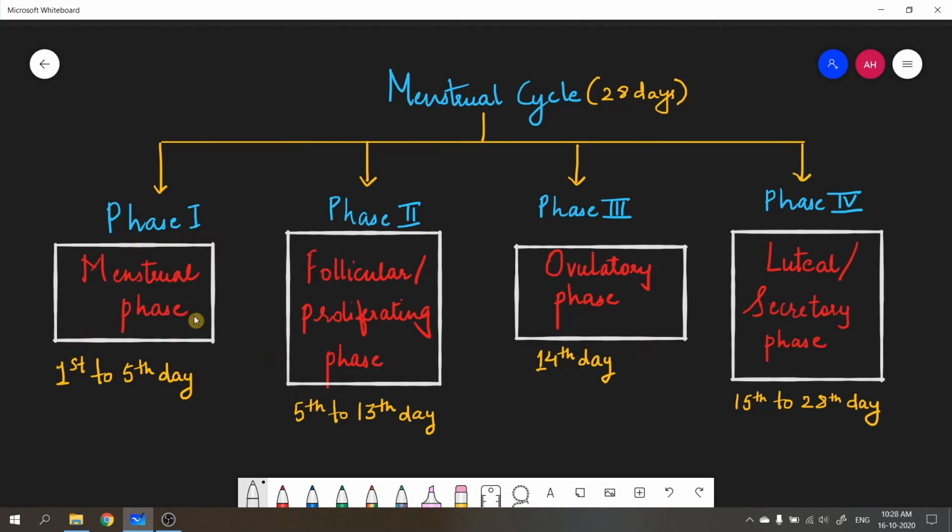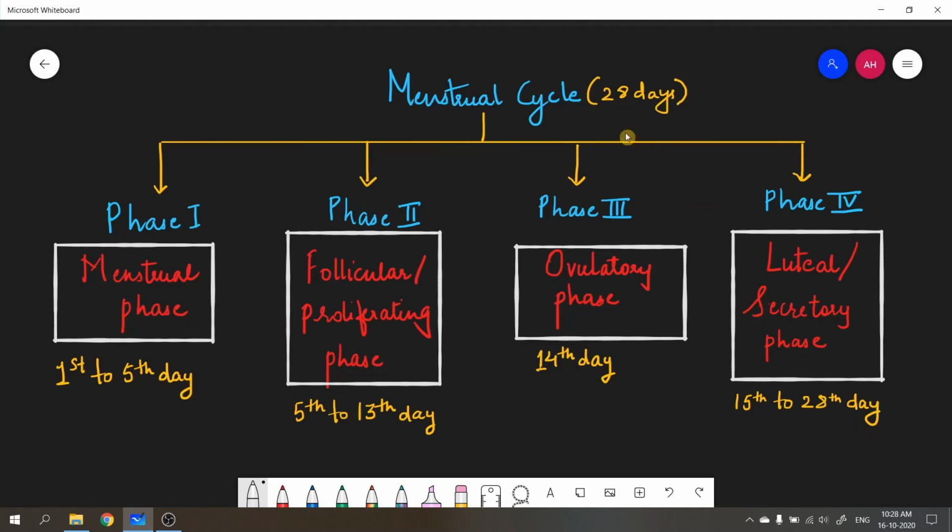Phase 1 is the menstrual phase, which takes place from day 1 to day 5, that is the 1st to 5th day of the cycle, followed by the follicular or the proliferating phase, which occurs on the 5th to 13th day of the cycle, after which ovulation takes place in the ovulatory phase, which occurs on the 14th day of the cycle, and then the luteal or the secretory phase is the last phase of the menstrual cycle, which occurs from the 15th to 28th day of the menstrual cycle.